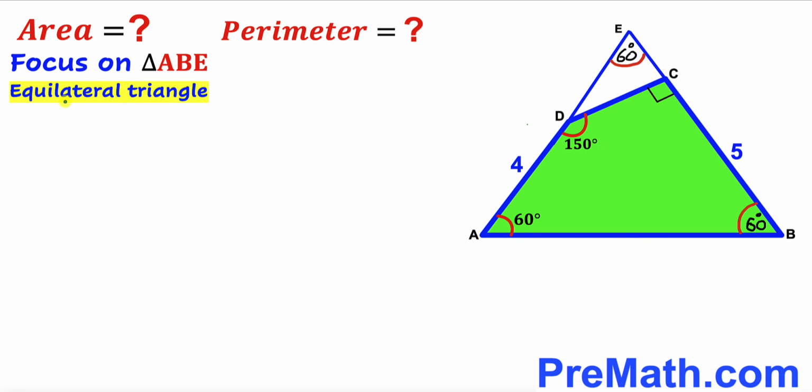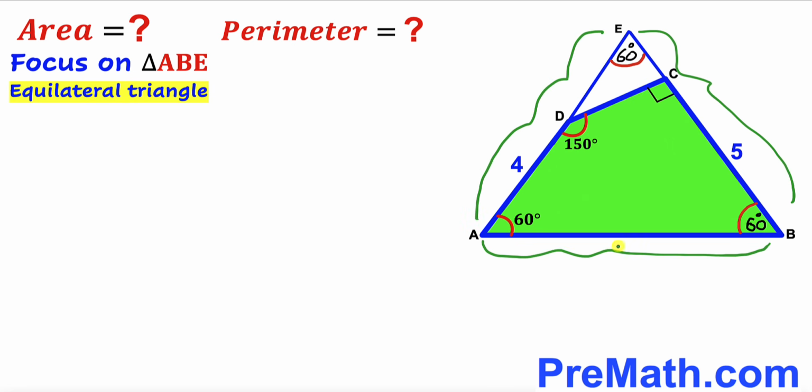So we can see that this triangle ABE is an equilateral triangle, since all of these angles are congruent. So we conclude that all three sides are going to be congruent as well. If I label this side length as x, then this has got to be x and x.